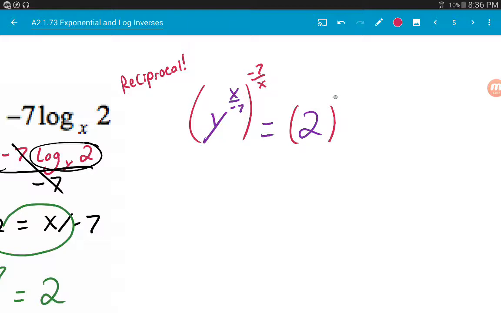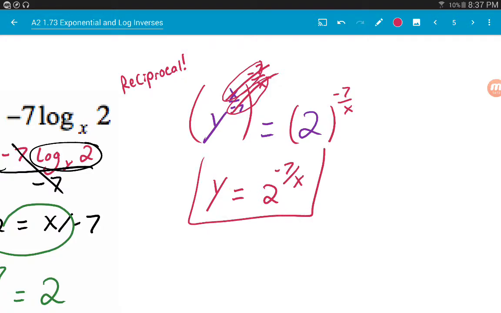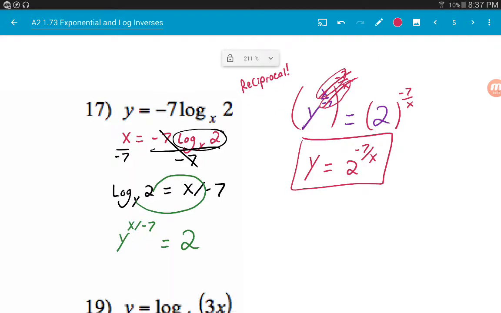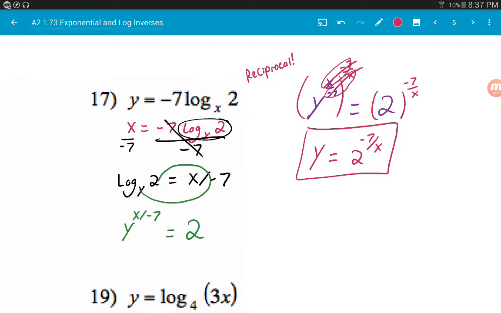Raise it to the reciprocal, and I must do the same thing on the other side. An exponent raised to an exponent like this becomes multiplication. So I get negative 7x over negative 7x, which is 1. They cross each other out. So I get y is equal to 2 raised to the negative 7 over x power. And that's actually the final answer for question number 17.